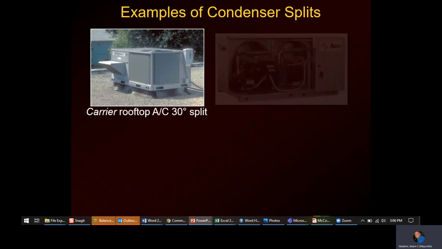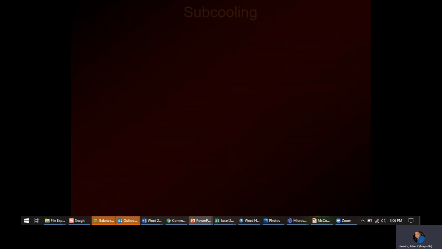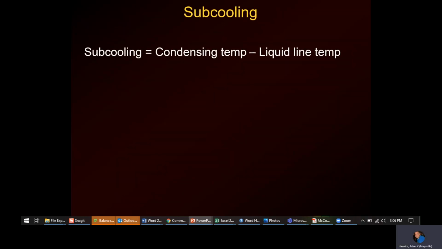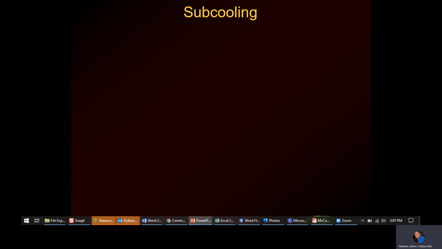Common rules of thumb, like I said: the higher the efficiency, the lower your condenser split. So if you've got a 16 SEER two-stage system or something, you're probably going to run a 15-degree condenser split, CTOA.